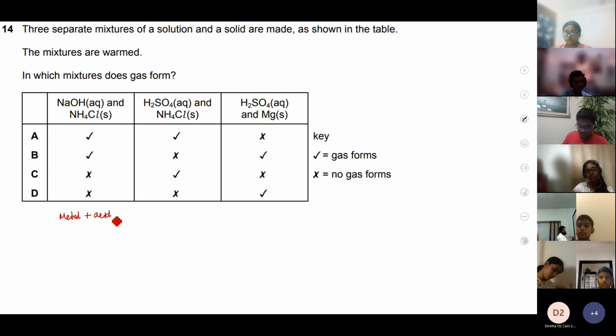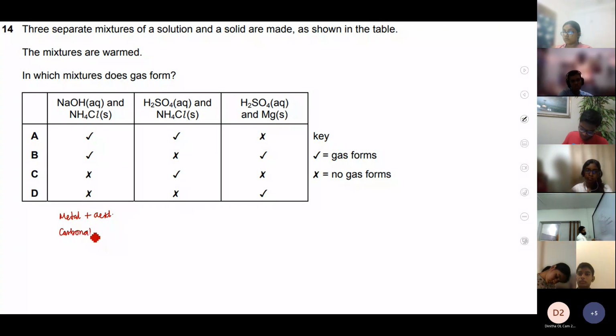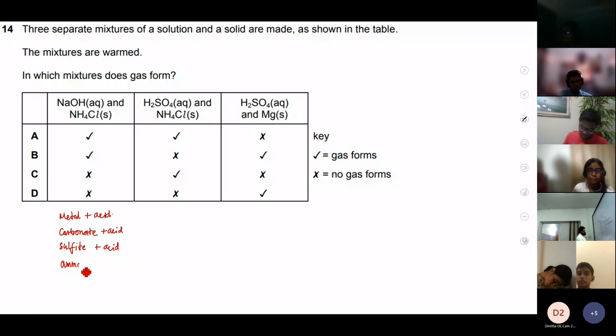Metal and acid, carbonates and acids, sulfite and acid, and ammonium salts and base, nitrate plus base plus aluminium.